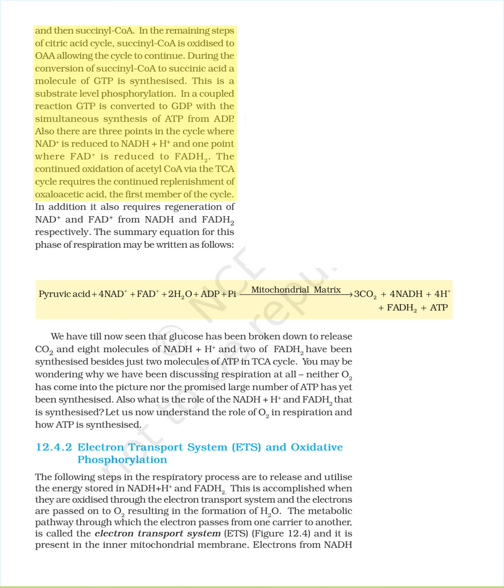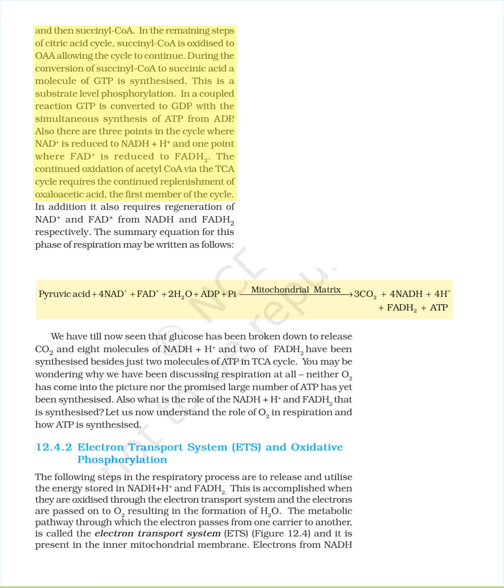In the remaining steps of the citric acid cycle, succinyl-CoA is oxidized to OAA, allowing the cycle to continue. During the conversion of succinyl-CoA to succinic acid, a molecule of GTP is synthesized. This is a substrate-level phosphorylation. In a coupled reaction, GTP is converted to GDP with the simultaneous synthesis of ATP from ADP.